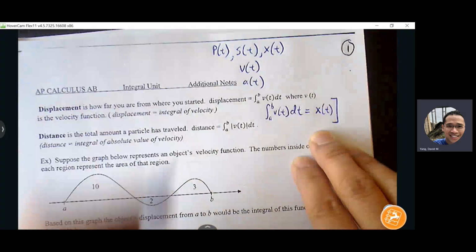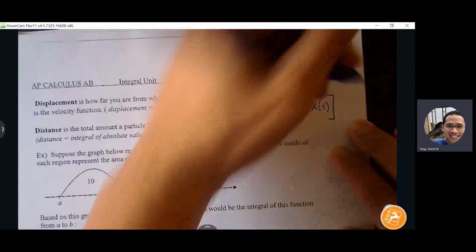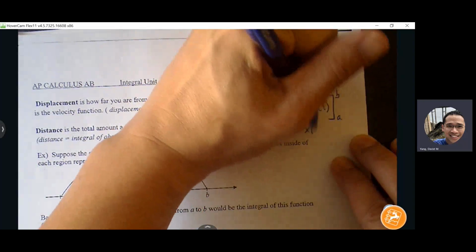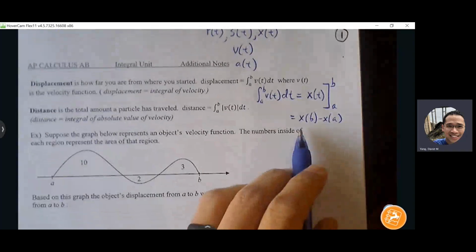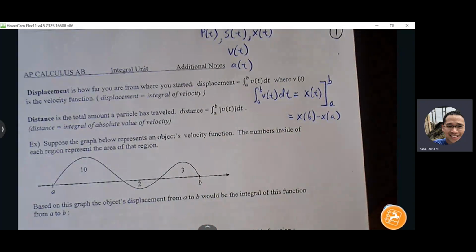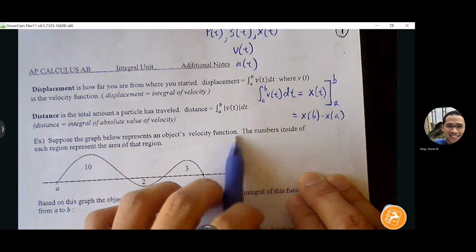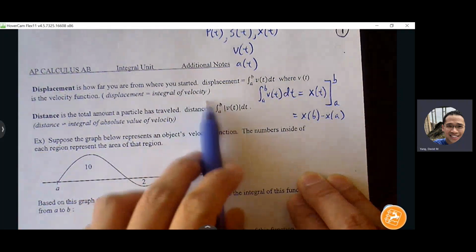So once we have the position function, or once we have the antiderivative, then we work in the upper and lower bounds. So that's just going to be X of B minus X of A. So X of B minus X of A, that's just the difference in distance from the first point to the second point. Okay. And we call that displacement. So displacement is simply the integral of velocity.